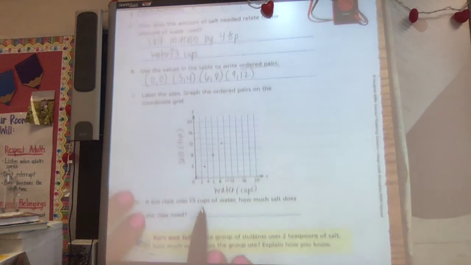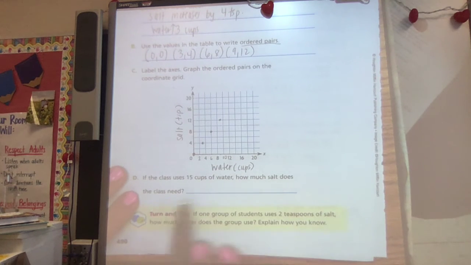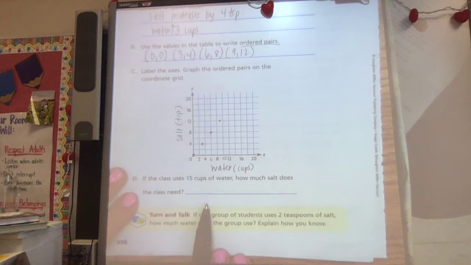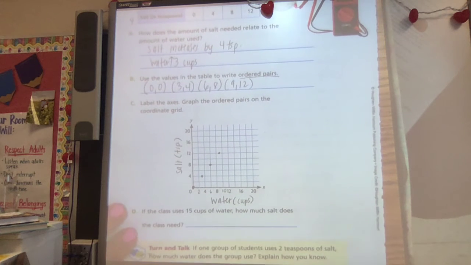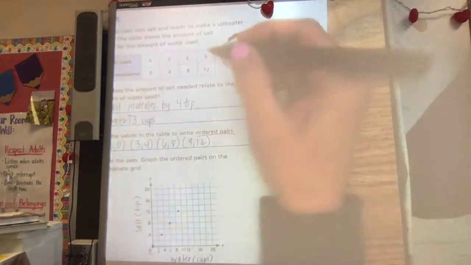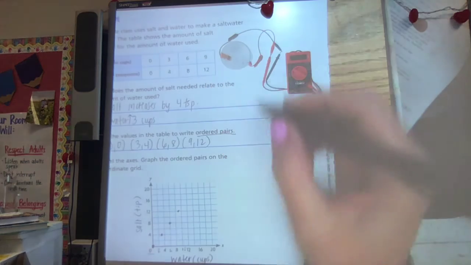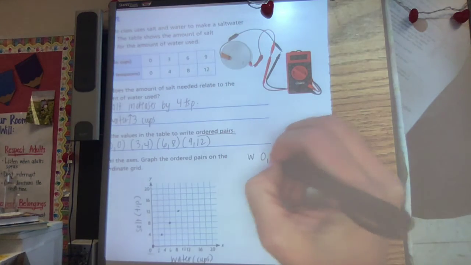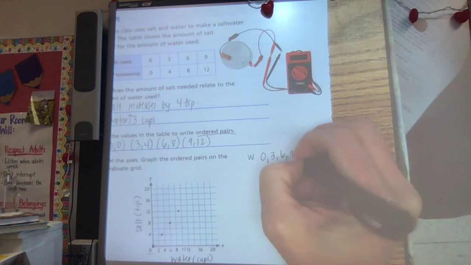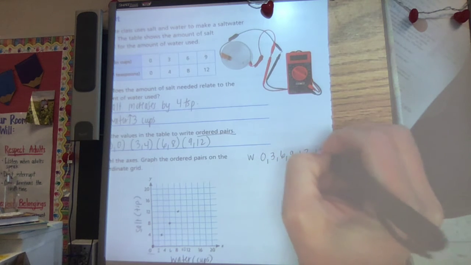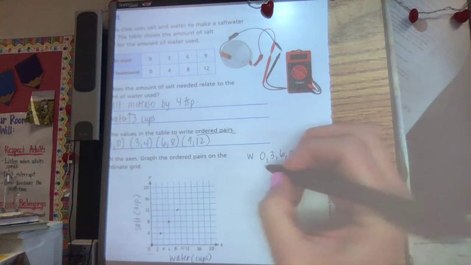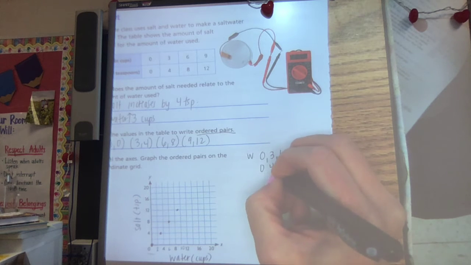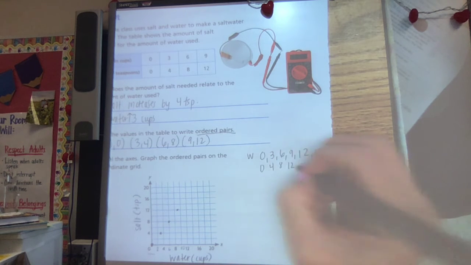If the class uses 15 cups of water, how much salt? Well, we just need to follow that pattern. As our water increased, we had water 0, 3, 6, 9, 12, 15. It's asking about 15. And we've got 0, 4, 8, 12.